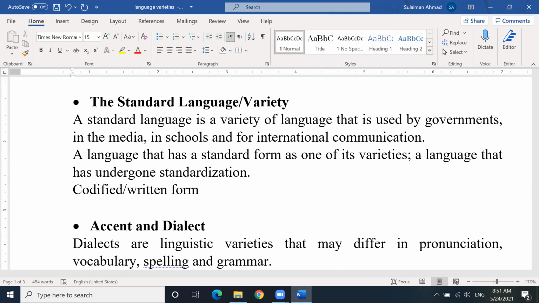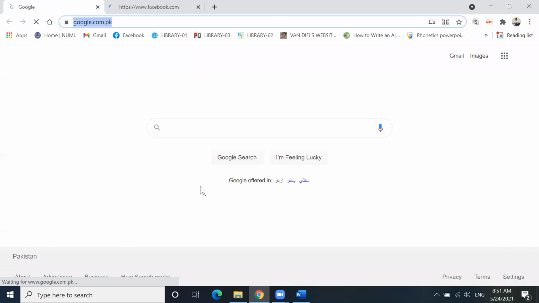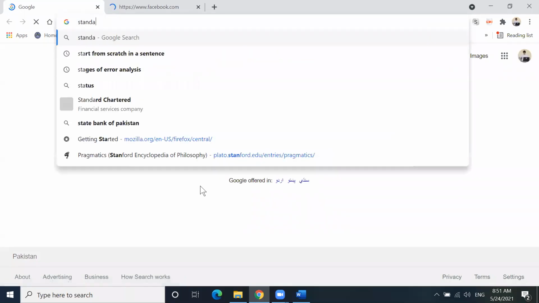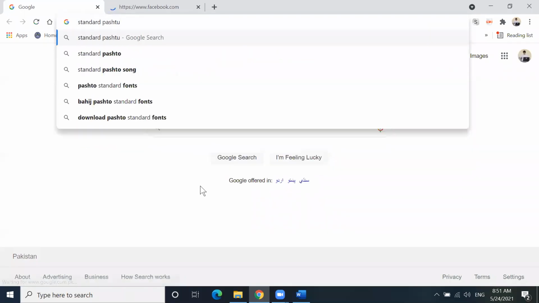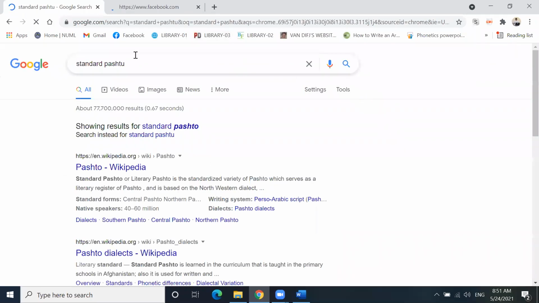If you pick a book written in the Pashto language, that book must be written in the standard variety of Pashto. The Pashto which you and I speak is not the standard Pashto. Remember, let me show you some example if available.